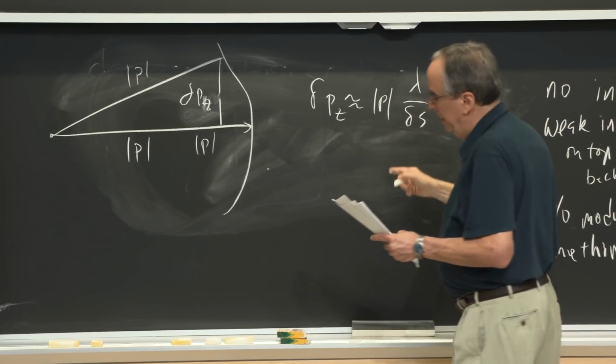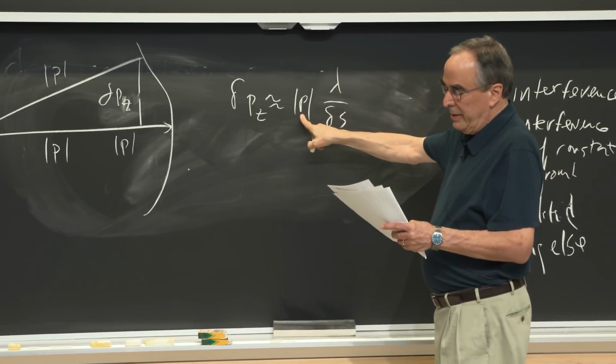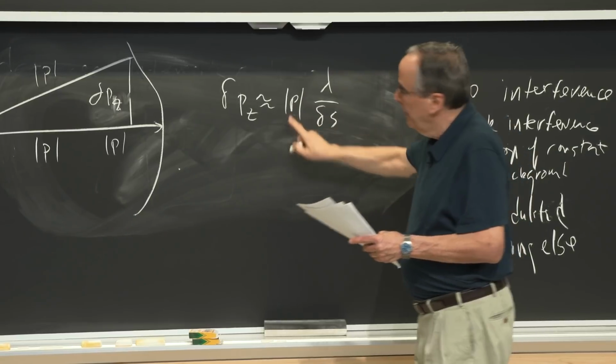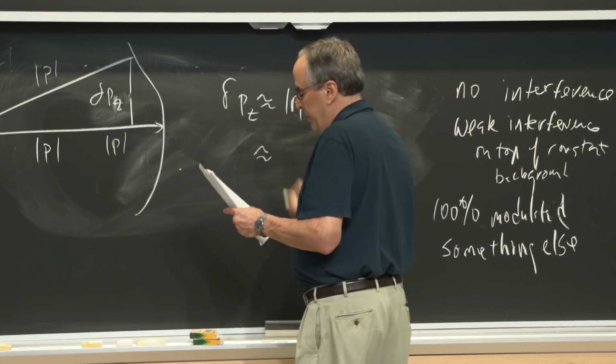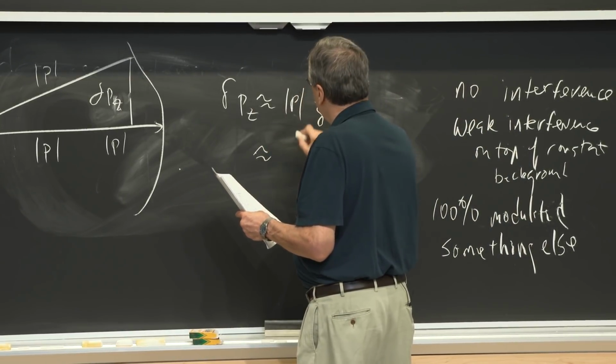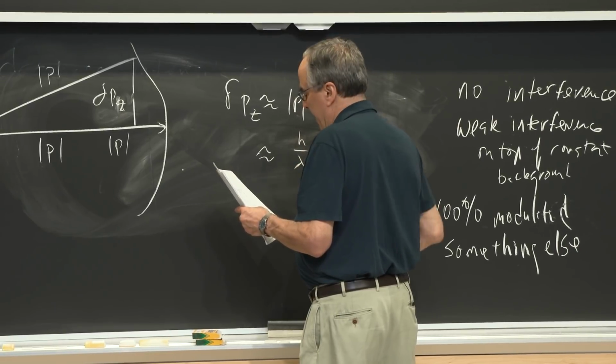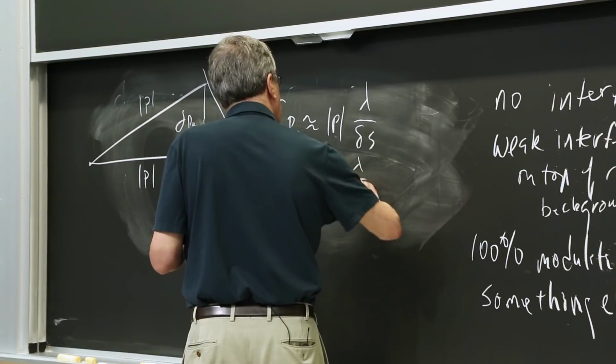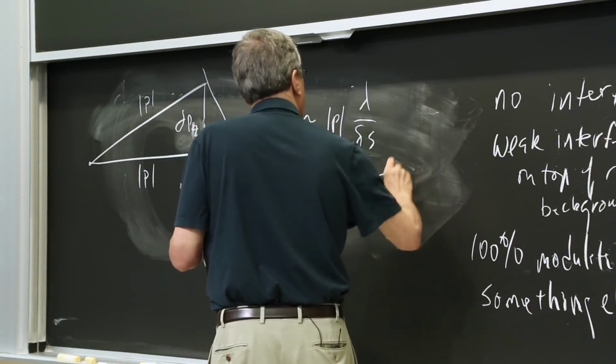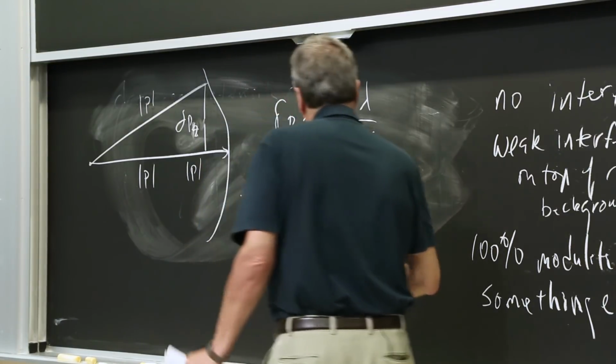And now we put in the de Broglie relationship, and we get that this is equal to h over lambda over ds, which is equal to h over ds.